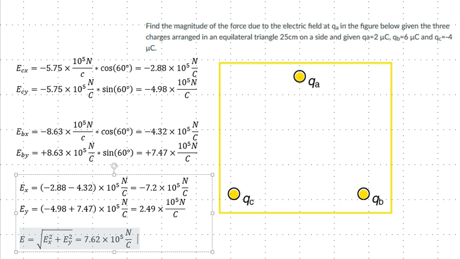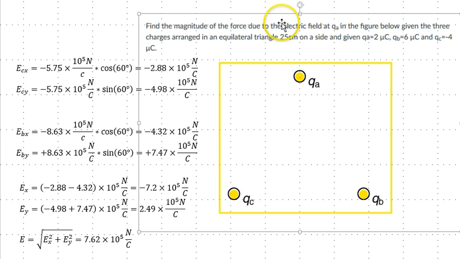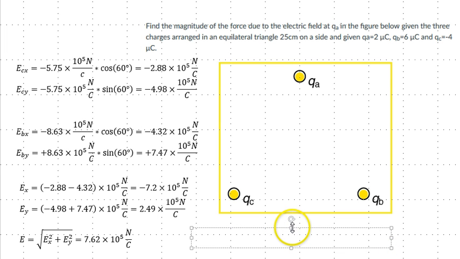Now the question is, what's the magnitude of the force? And we know that the force is just Q times the electric field. Since we're talking about magnitude, I've taken off the vectors.